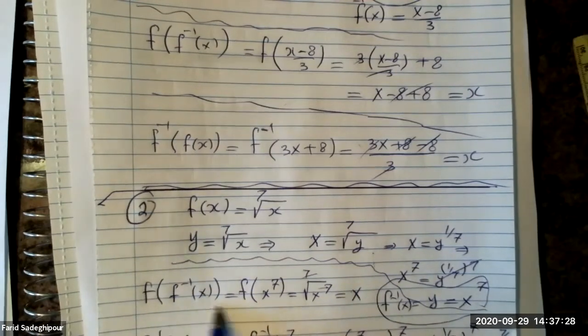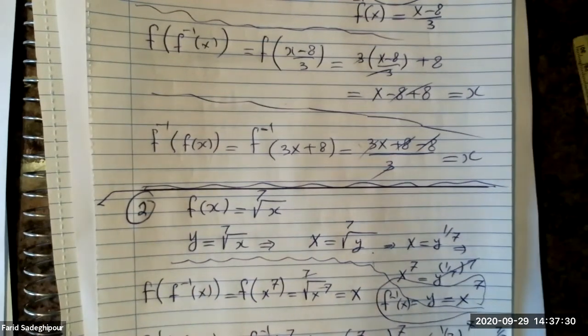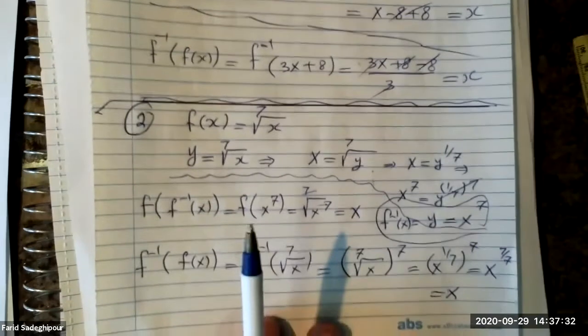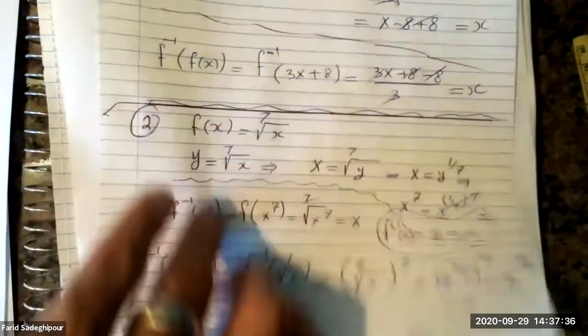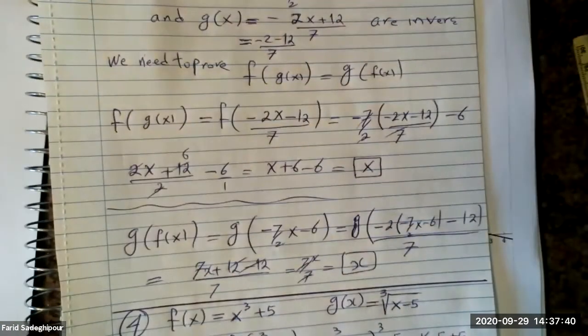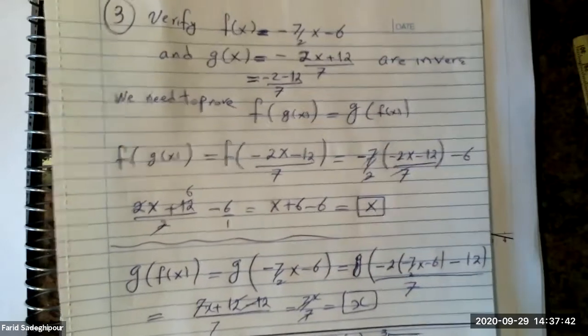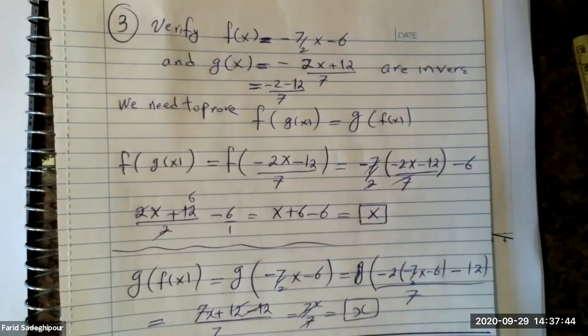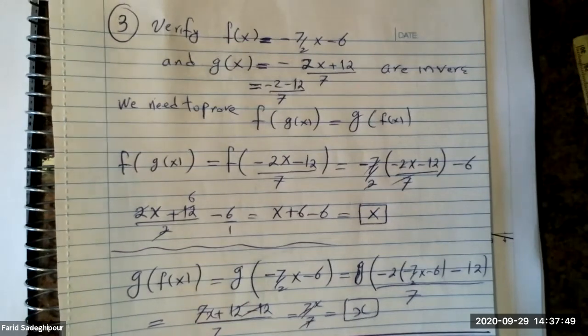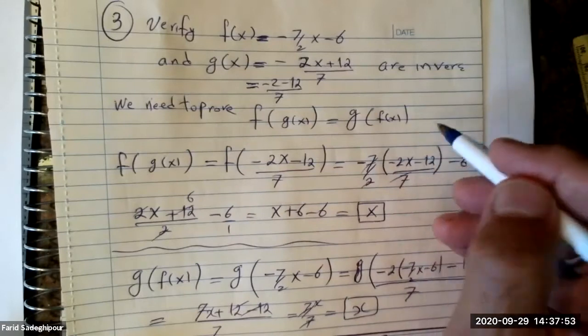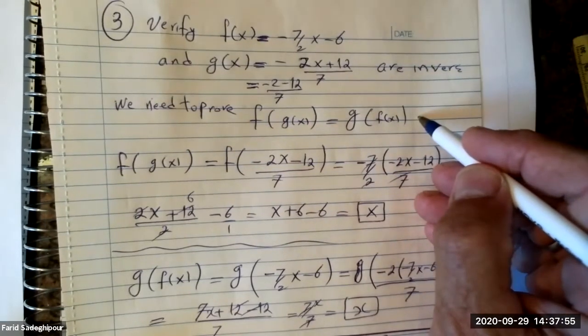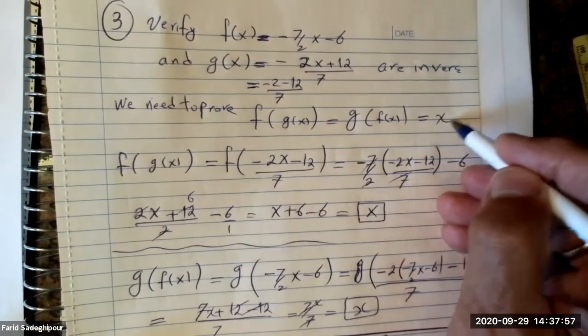You got to prove that this is x, and the other one also is x. They all are very similar. We need to prove that f of g of x equals g of f of x, and is equal to x.